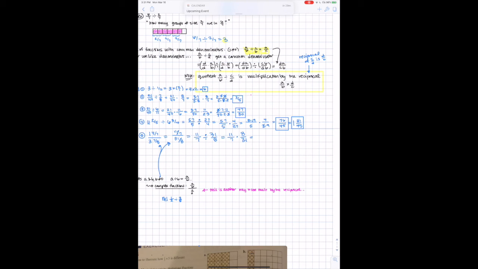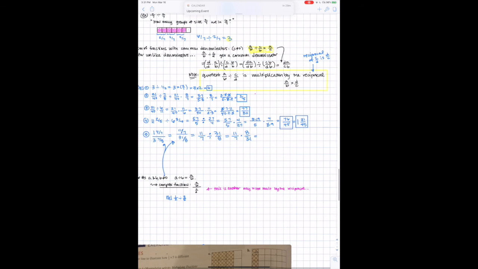I don't think anything's going to cancel or simplify at all. 11 is prime, 8 is only divisible by 2, and 7 and 31 aren't divisible by 2. So in the numerator, I have 88, and then 31 times 7 in the denominator, which is 217. Great.